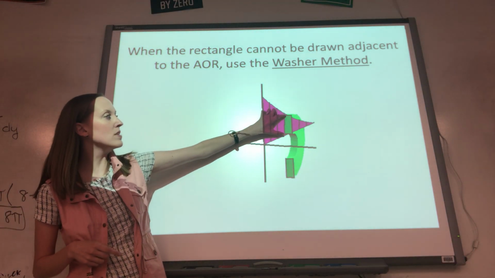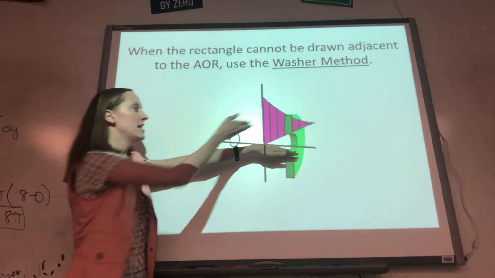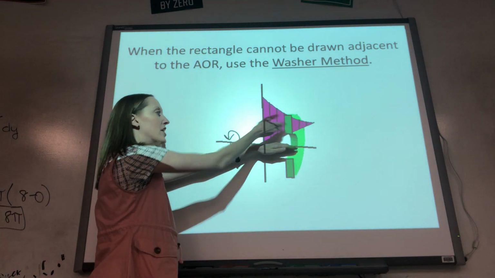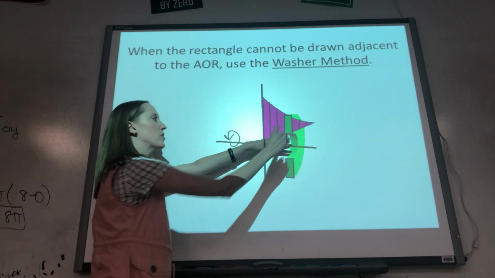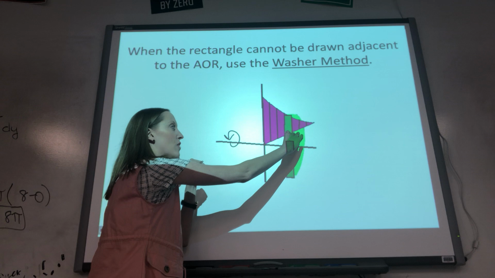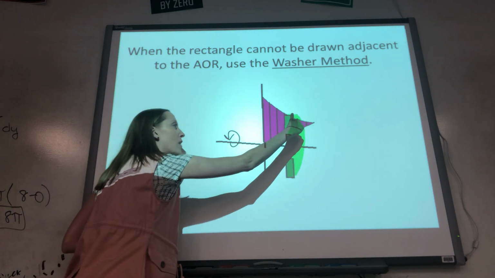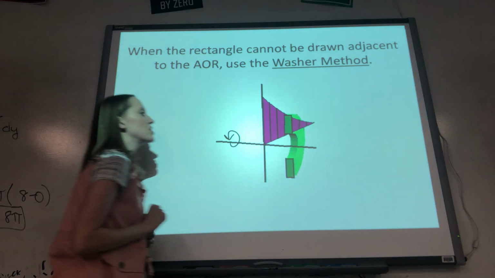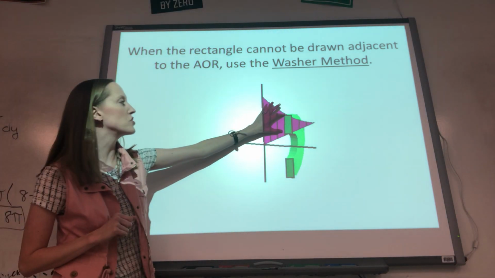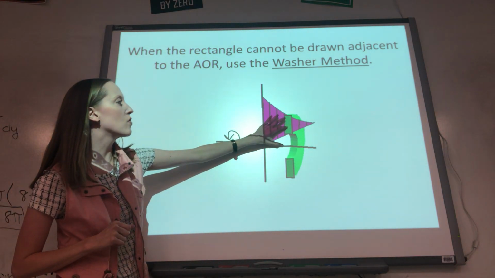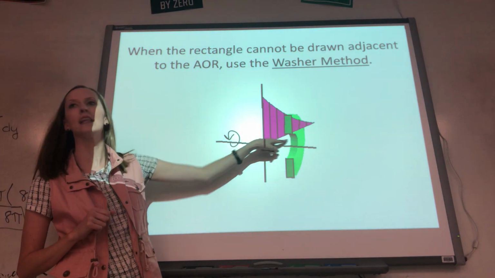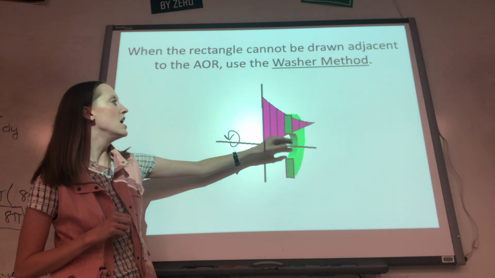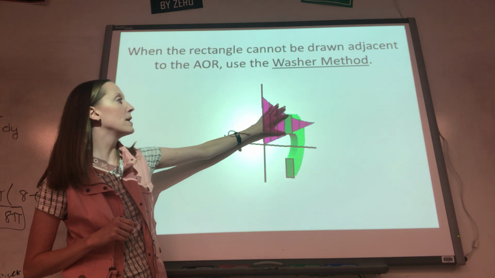Because our bounded region is higher than our axis of revolution, there's a gap right there. So our rectangle cannot be drawn adjacent to our axis of revolution. It can't be drawn right up against it because that's not part of your bounded region. Our bounded region is up here.